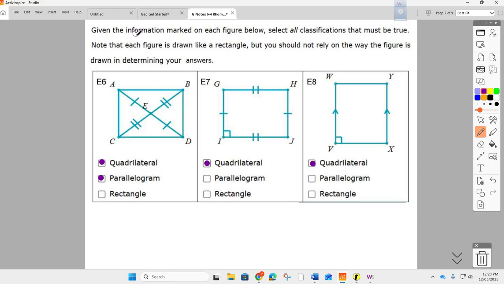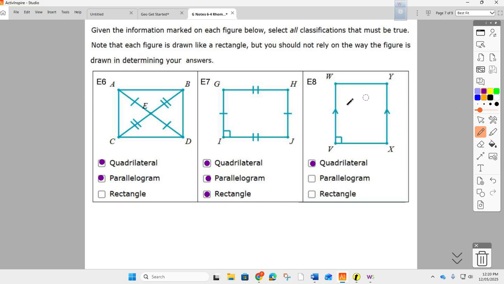At least one right angle, right? So, quadrilateral: opposite sides are congruent, so that means it has to be a parallelogram. One right angle: if this is a right angle and it's a parallelogram, then all these are right angles, so that makes it a rectangle.